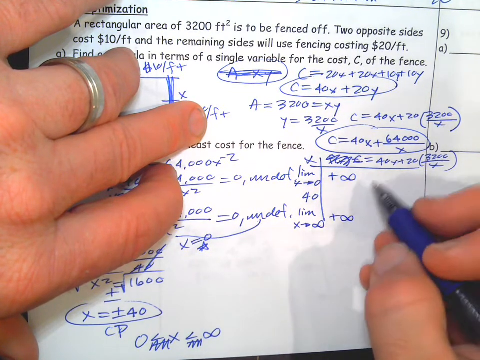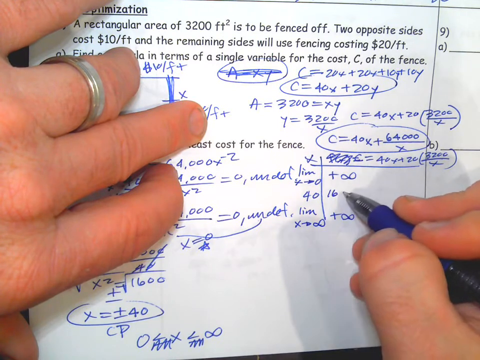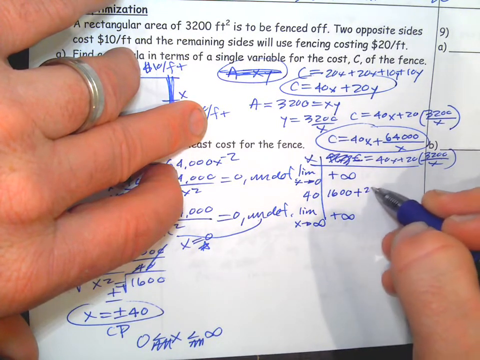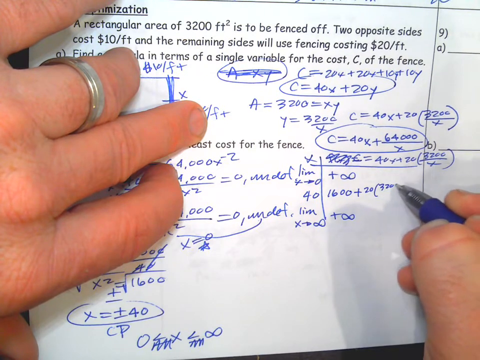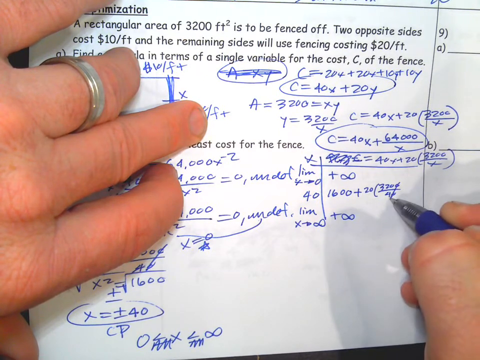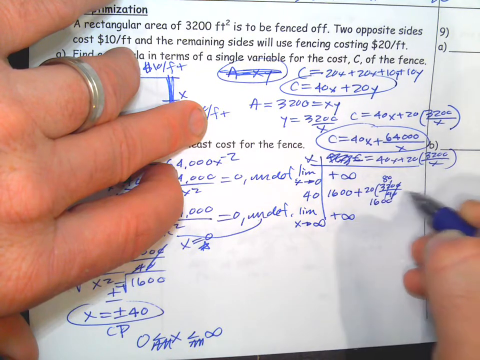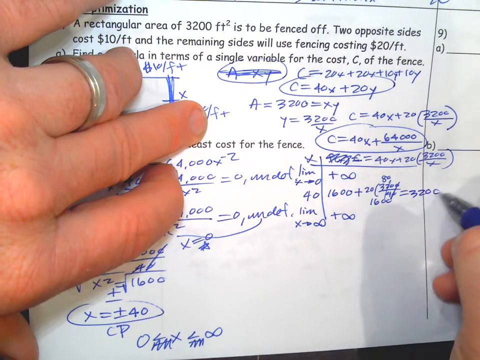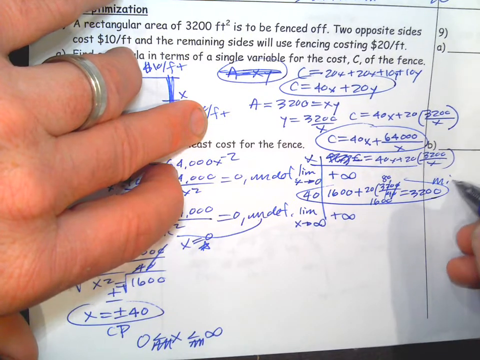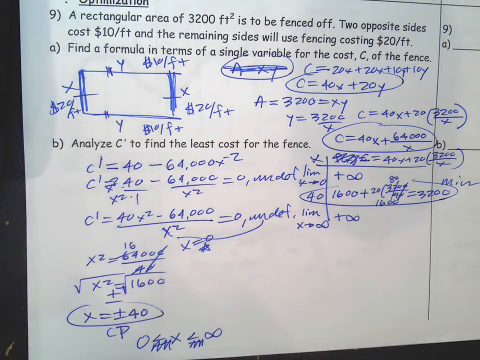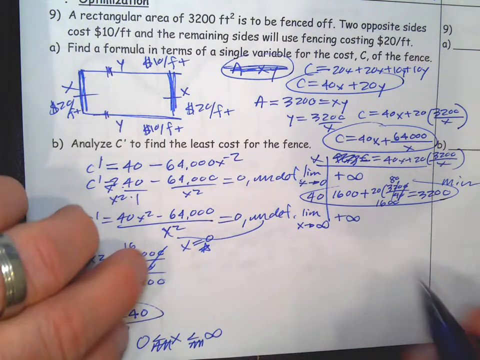If you plug 40 in, you get 1600 plus 20 times 3200 over 40, which is 80, giving 1600, for a total of 3200. This is clearly the min because the graph blows up in the other places, but justifying that when I require justification is a bit harder.